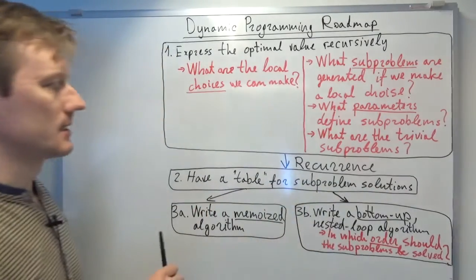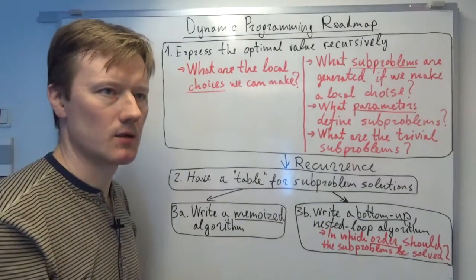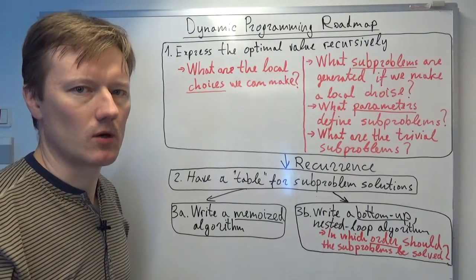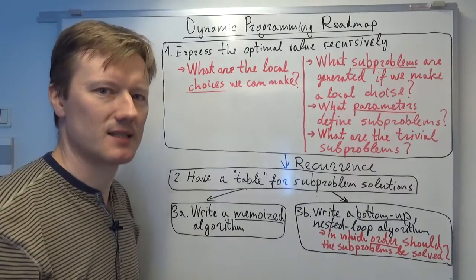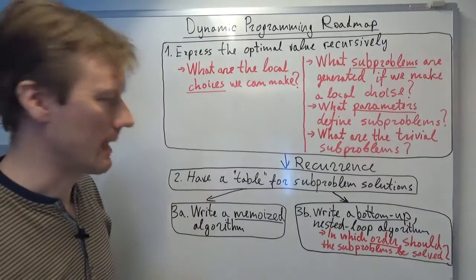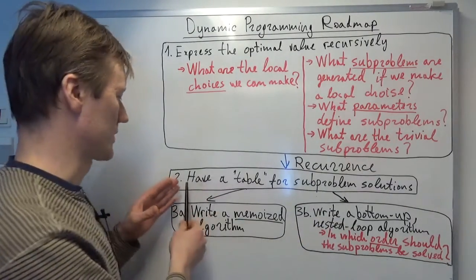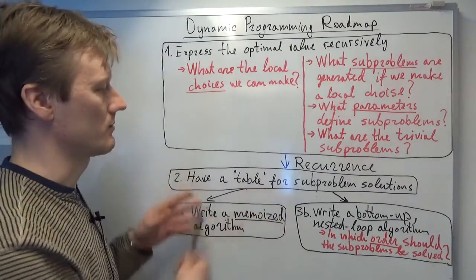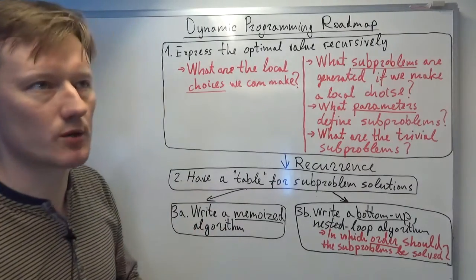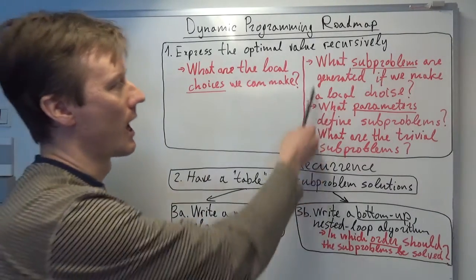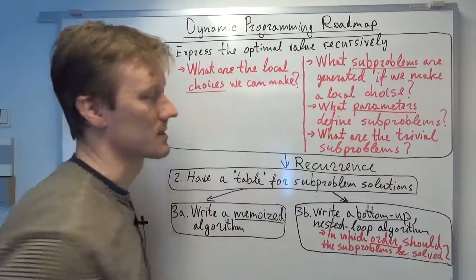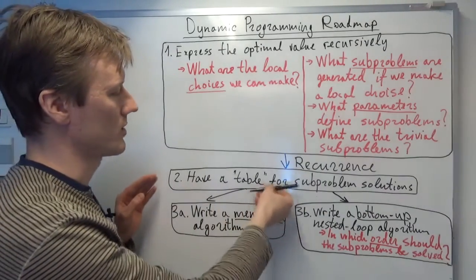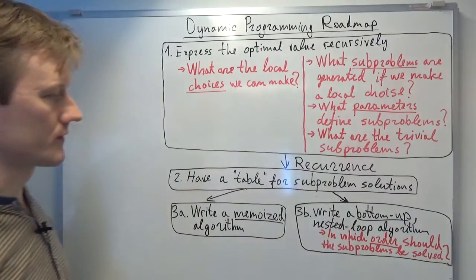Once we have done that, then the main part of the algorithm design is completed. We basically got the creative part done. All that remains is technicalities. What we have to do is first to have a table, which can usually be an array, one-dimensional or two-dimensional, depending on how many parameters define the subproblems. We can have a one-dimensional or two-dimensional array to store the solutions of subproblems.